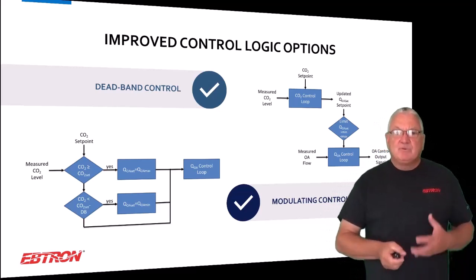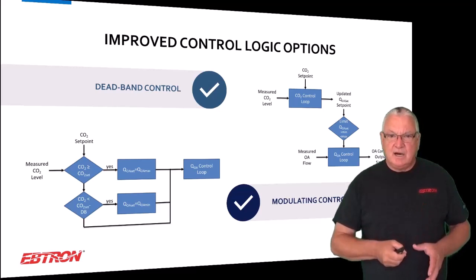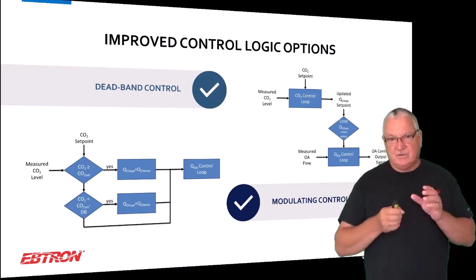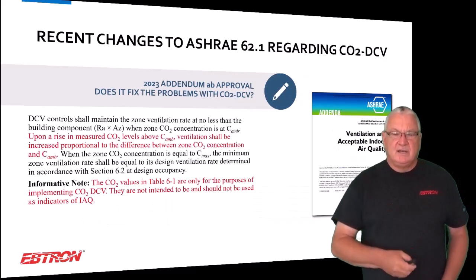So that would be a big significant improvement on today's traditional fixed set point, say 1,000 parts per million CO2 DCV.